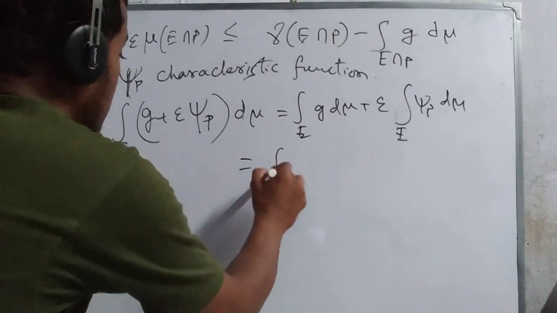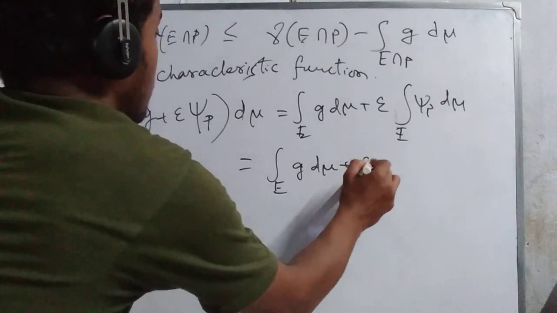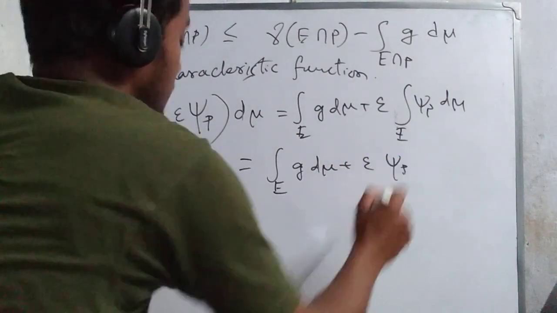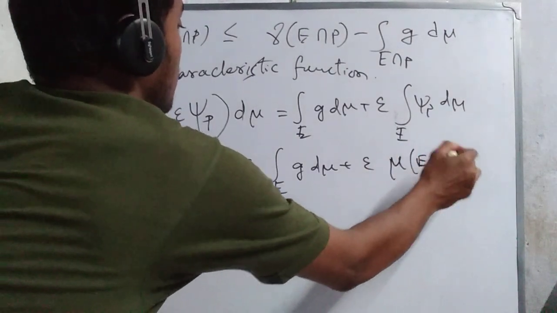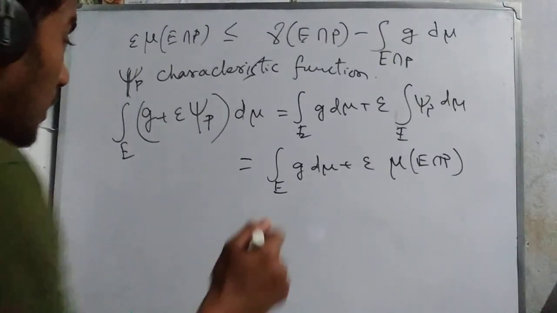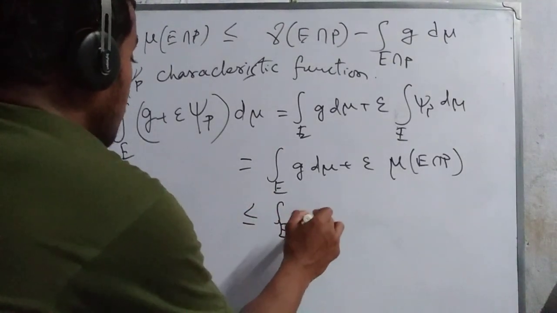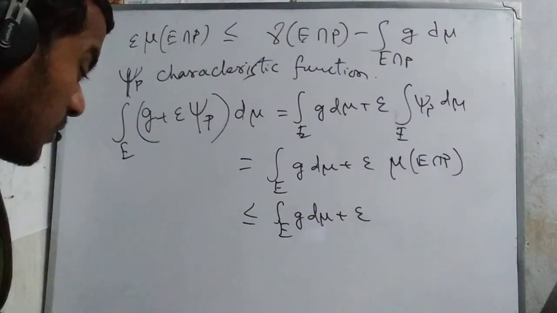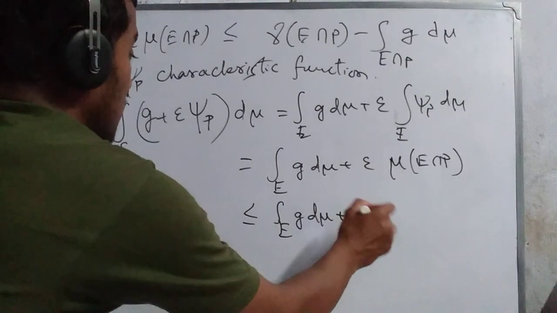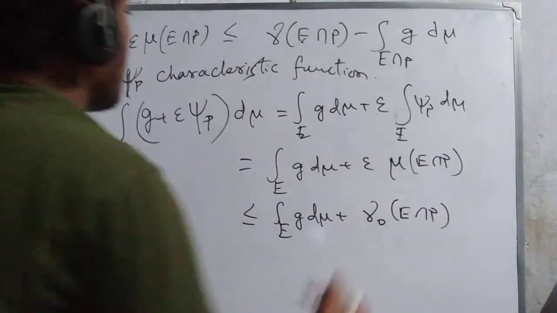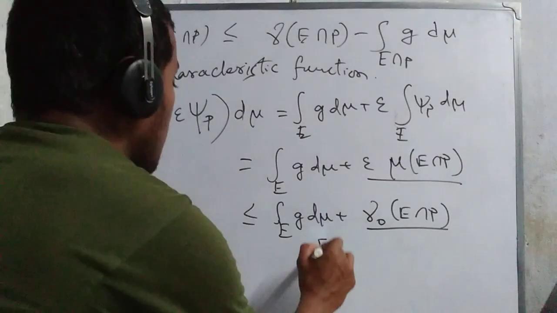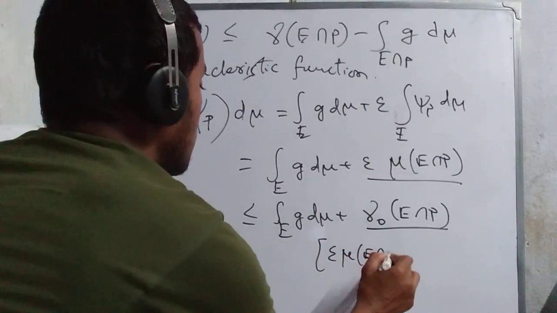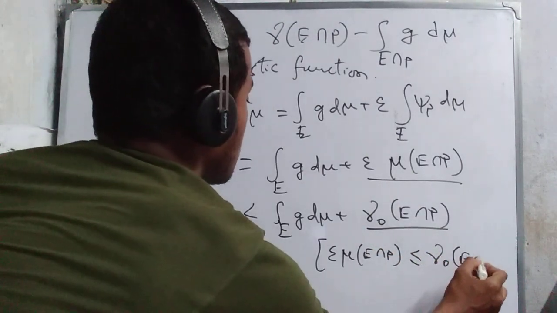Then here we have the integral over e of g d mu plus epsilon times the integral of psi p with respect to mu over e intersection p. This is less than or equal to the integral over e of g d mu plus epsilon mu of e intersection p. As we marked one time, epsilon mu of e intersection p is less than or equal to gamma 0 of e intersection p.